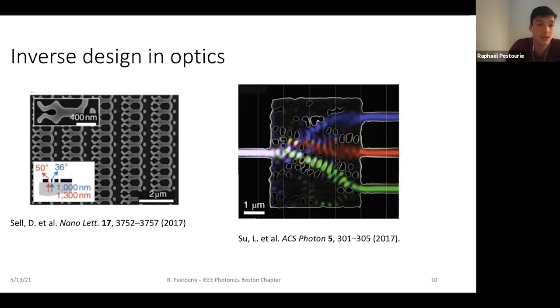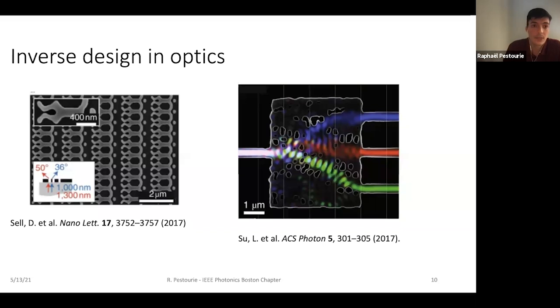And so they're optimizing for this unit cell that is being repeated everywhere. So it's periodic, it's not aperiodic. And on the right, you have this multiplexer from Jelena Vukovic's group that sends different wavelengths in different channels.